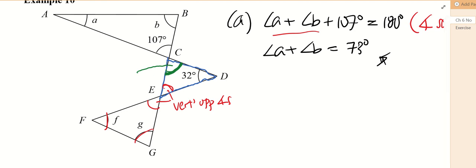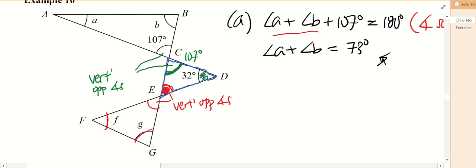If we've been following the line of thought, we realize that these are equal also because of vertically opposite angles. So actually we are done. We know that this green angle here is 107, and this angle here is 32. Immediately we can find the red color one, CED.